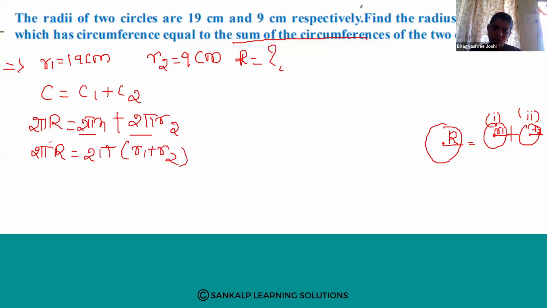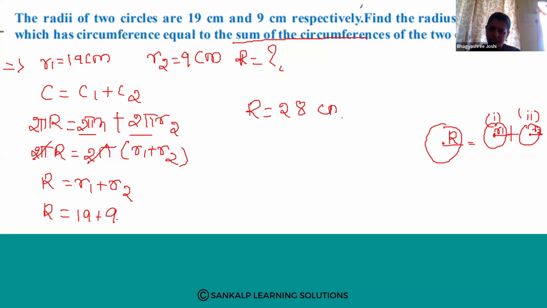Here 2 pi and 2 pi will get cancelled. So R is equal to R1 plus R2. R1 value is 19 plus R2 value is 9. 19 plus 9, R value is 28 centimeter. So this is the radius of the big circle.